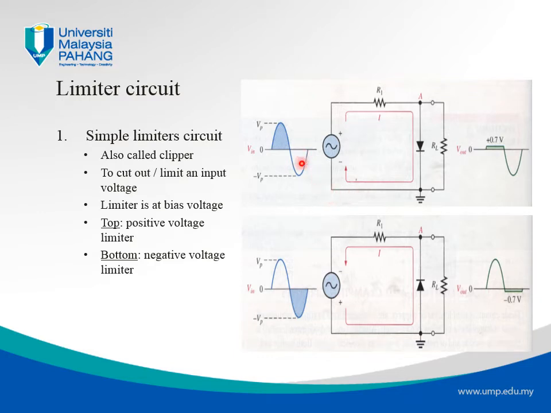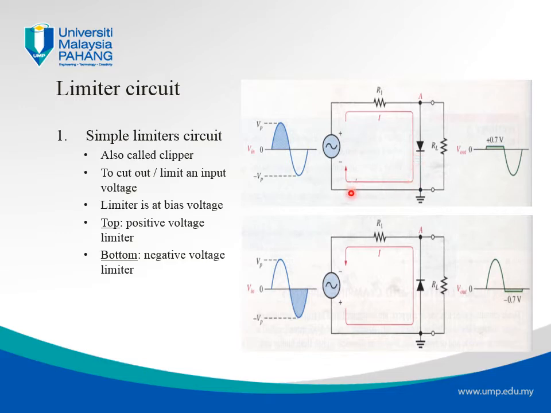In a positive limiter, when we put the diode in this particular direction and the input voltage is on the positive side of the waveform, the diode is in forward bias, so it will conduct current in the positive direction.